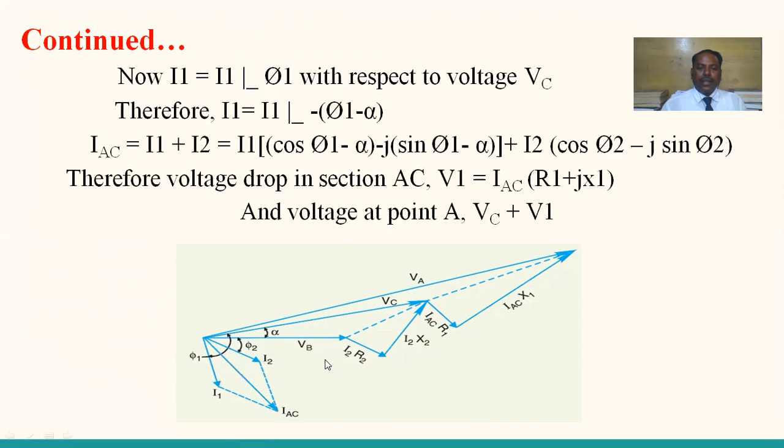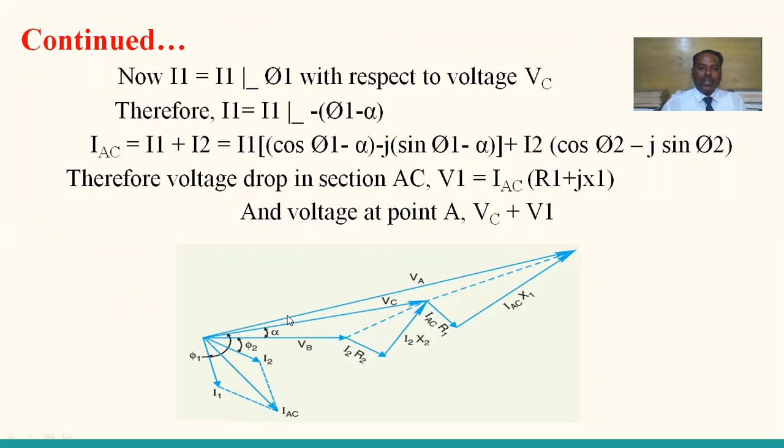So therefore the total current is IAC. And the section CB resistive and reactive drop adding: the receiving end voltage plus the drop of the section CB will give the voltage available at load point C. And the voltage available at the load point C is added to the drop of the first section, that is IAC into R1 plus IAC into X1, which will give the voltage available at the sending end.